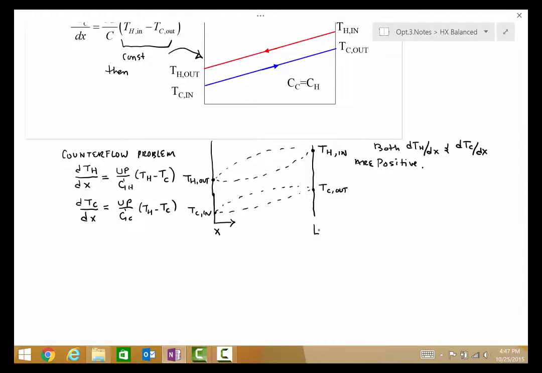The next issue is that if we look at the second derivatives, which seems a little strange, but it's important. Let's look at d squared T/dx squared. That is equal to UP over CH times the derivative of TH minus TC, so we're just taking another derivative of each of these quantities.